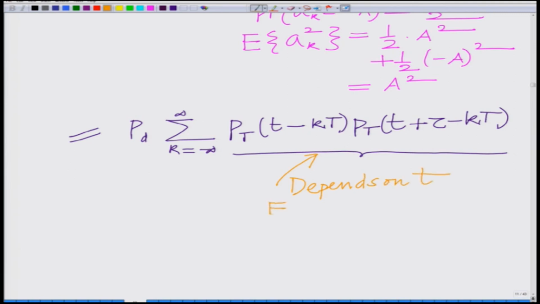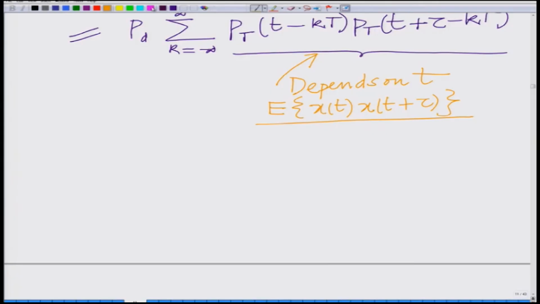When expected value of x(t) into x(t plus tau) depends not only on the time shift tau, but also on t, then the resulting random process is not wide sense stationary. Therefore, what we can see here is that this digital communication signal is not wide sense stationary, since it depends on t.